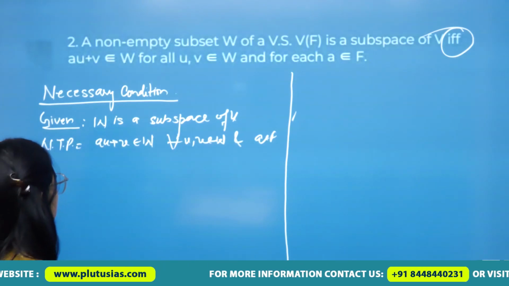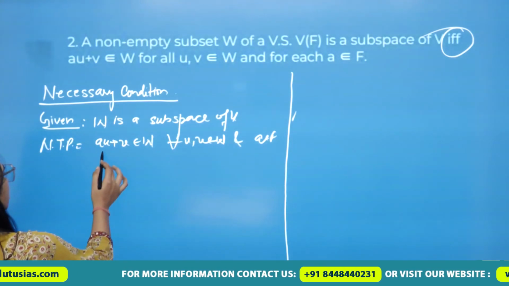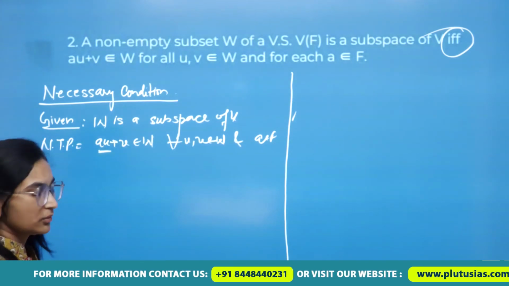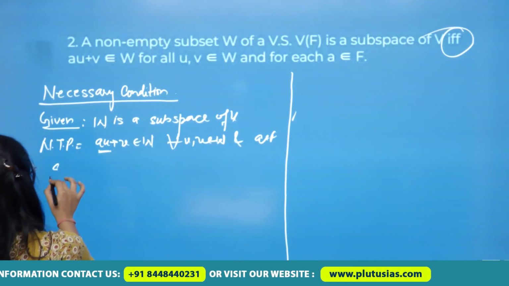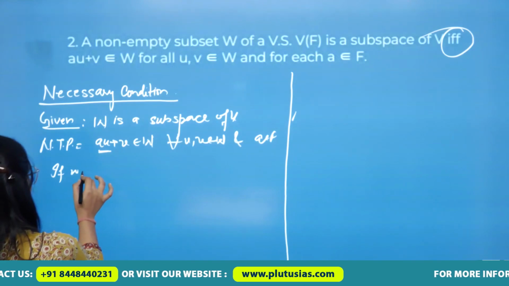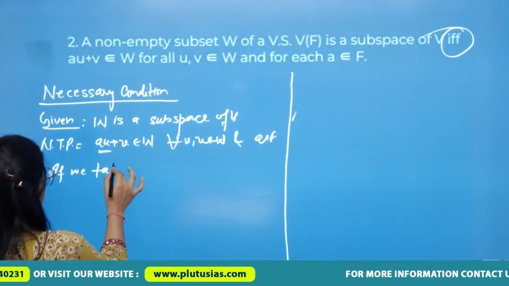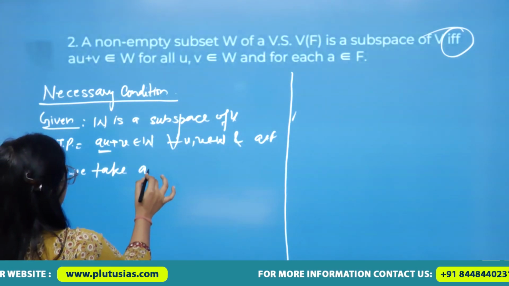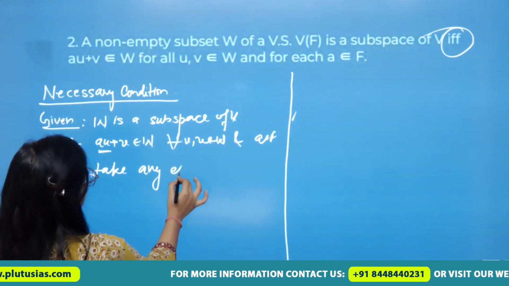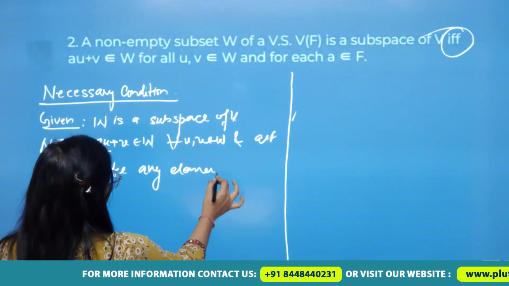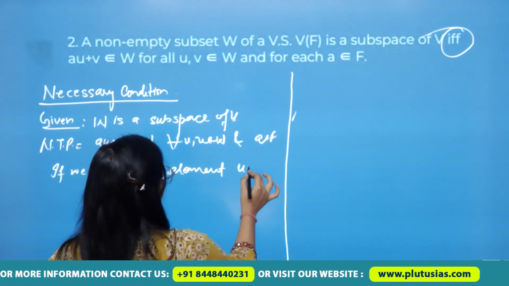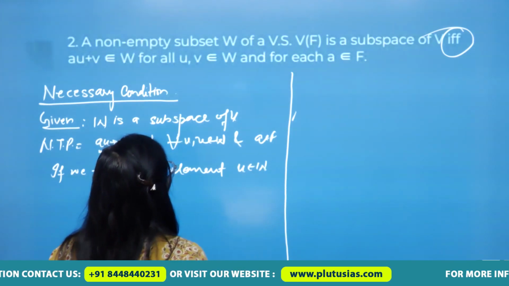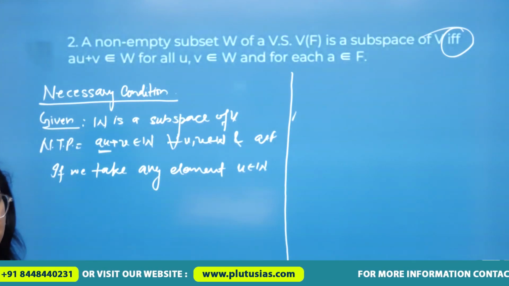Now to prove the first condition. If we take any element, say u of W, but what is W? W is a vector subspace, na?